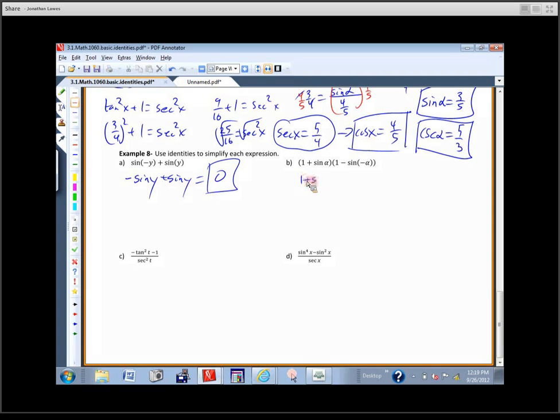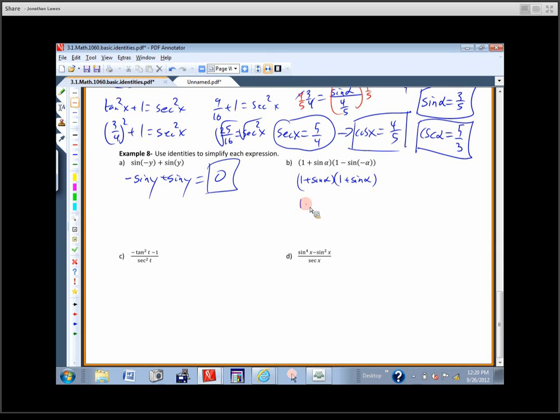I'm going to write down the 1 sine alpha. I'm going to write this as 1. Careful here. I can pull that out front. This is the same as plus sine alpha. Now if I multiply these together, this isn't a difference of squares. This is a perfect trinomial square.